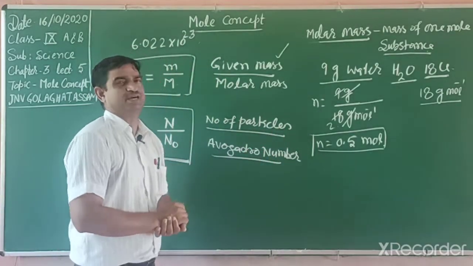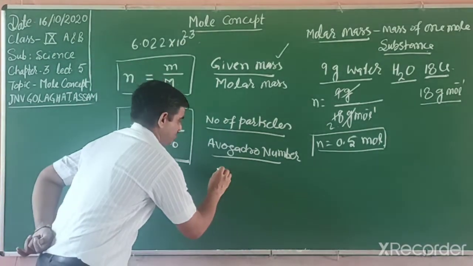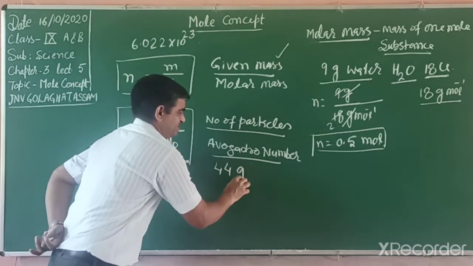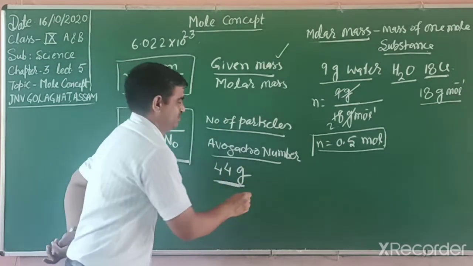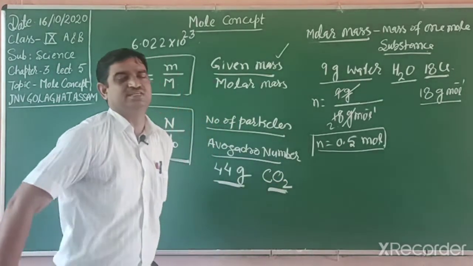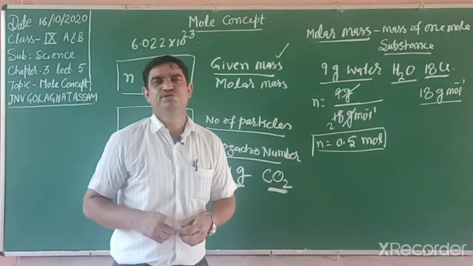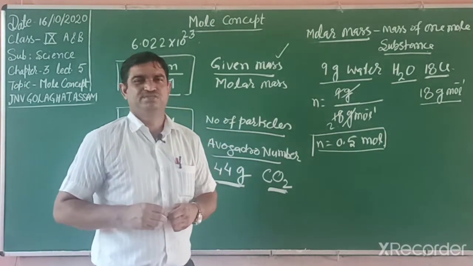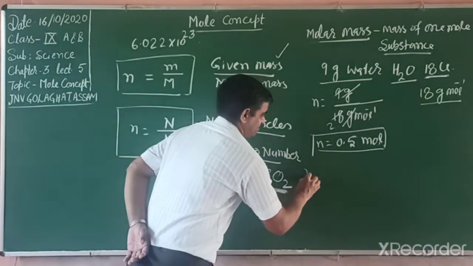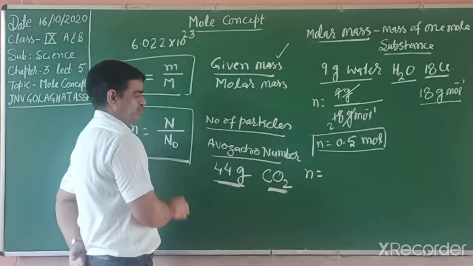We can explain one more example. Suppose you are given 44 gram carbon dioxide, and you must find the mole and how many molecules are present in 44 gram carbon dioxide. Then how can you find it? Again we apply the same formula. Mole is equal to given mass by molar mass.